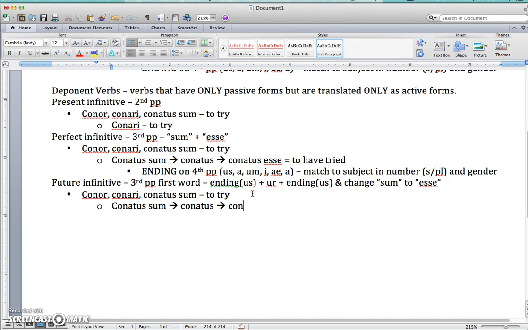So I have conat. Add the UR. Conatur. Not done. Conaturos. Still not done. So if you go back to the beginning, your third principal part has two words. The second word is sum. We're going to change that sum to an esse, and we're done. Conaturos esse. Use our new first word plus esse.